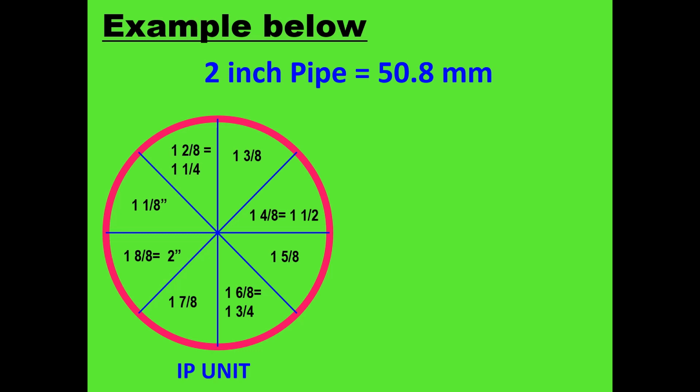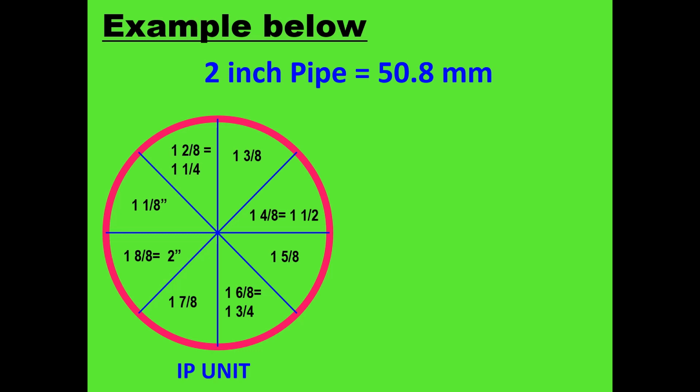So, based on the divided sections, each individual section shows a different pipe size. These are all the basic pipe sizes in IP units: 1 1/8, 1 1/4, 1 3/8, 1 1/2, 1 5/8, 1 3/4, 1 7/8, and 2 inches.